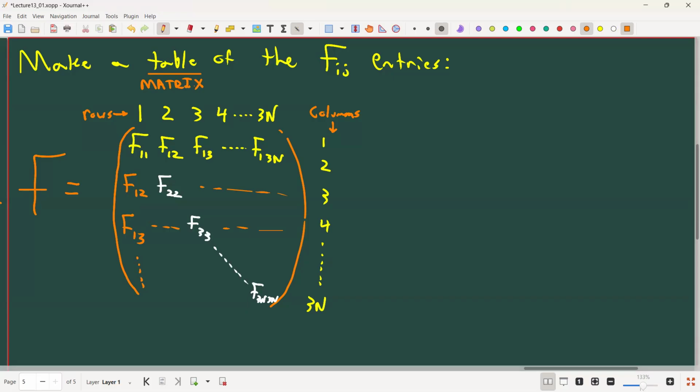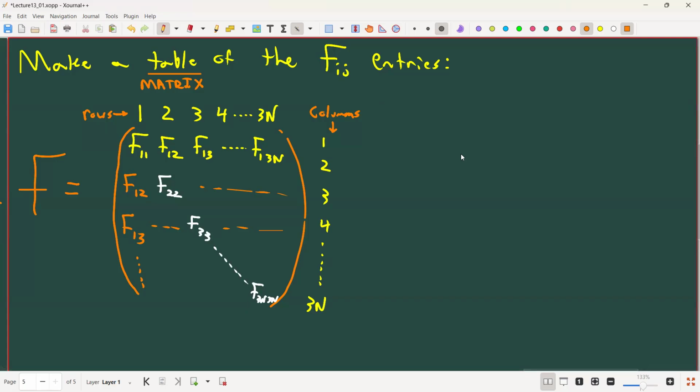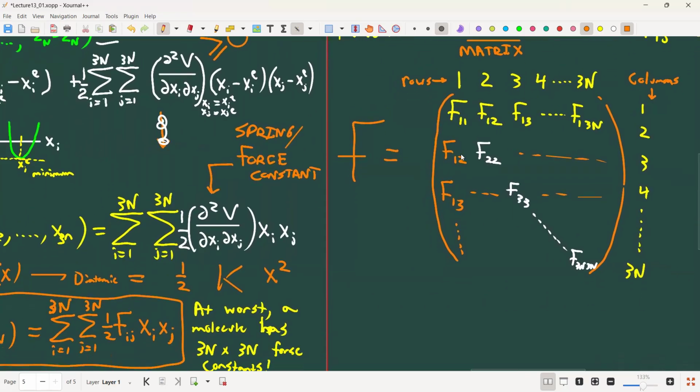What are some simplifications that we can make to this table? What are some symmetries we can look at? Well, here's the trick. If we go back to the potential, the force constants are proportional to displacements of two coordinates. It doesn't matter if I switch i and j here. It's the same thing because everything's commutative.